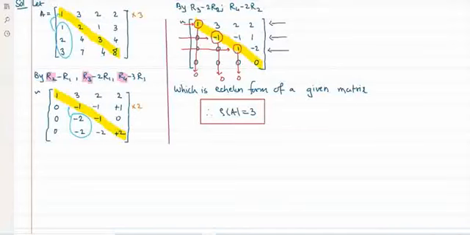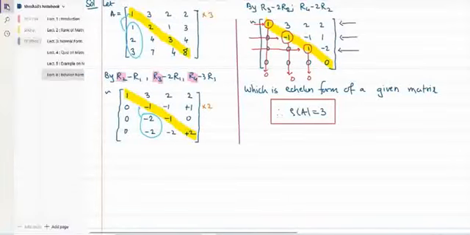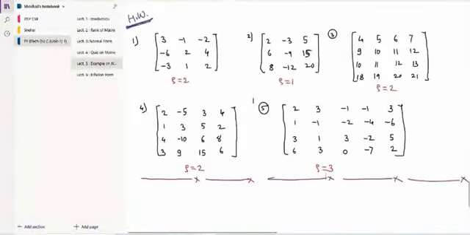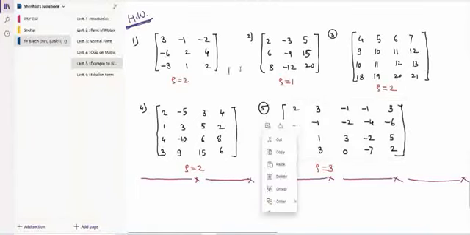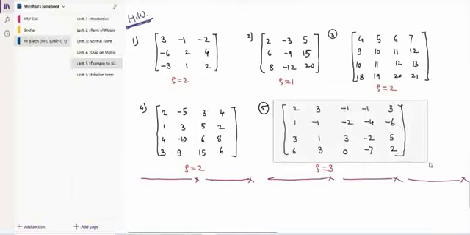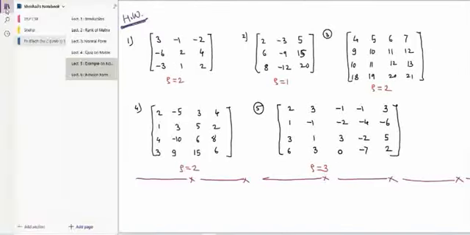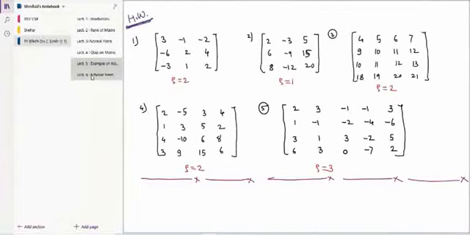So one example I will take from the last class, the homework that I gave, this one. Is it possible to copy? Okay, this example I will take. You told that the answer is 3. We will verify that. I will copy this example. Why is it not working properly?